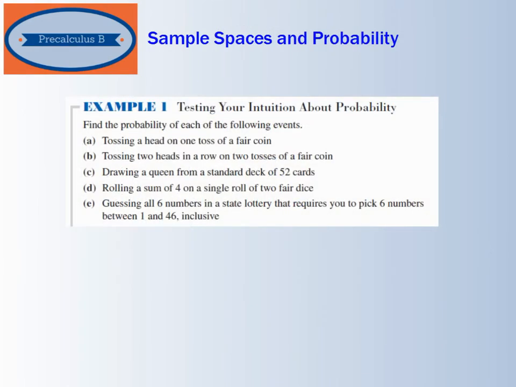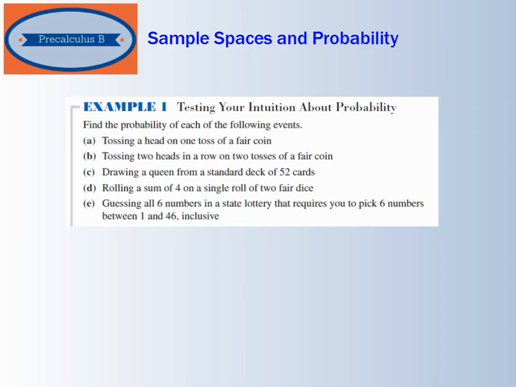So let's think about some other possibilities. What I want you to do is think about the probability of the following events. What would be the probability of tossing a head on one toss of a fair coin? What about tossing 2 heads in a row? What would be the probability of drawing a queen from a standard deck of 52 cards?